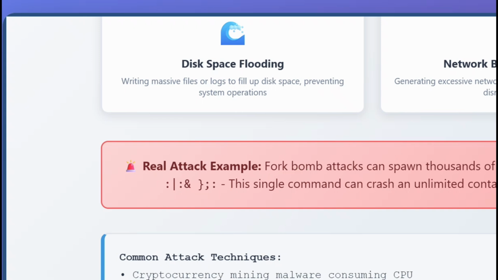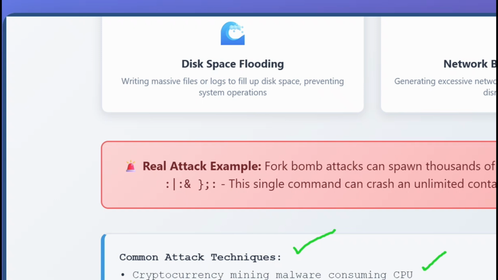And here are some more points regarding common attack techniques. Here are some common ways attackers exploit containers without limits. One was cryptocurrency mining malware consuming huge CPU, and the second one was log flooding attacks that fill up your disk space. The third one was memory leaks in compromised applications.